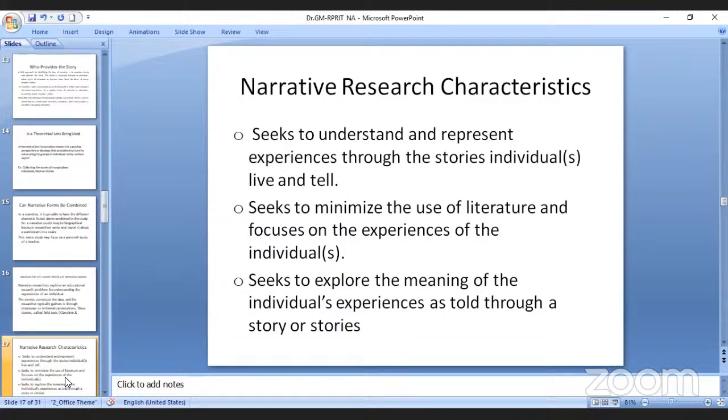Then it seeks to explore the meaning of the individual's experiences as told through a story or stories, sometimes a single episode, sometimes multiple episodes.